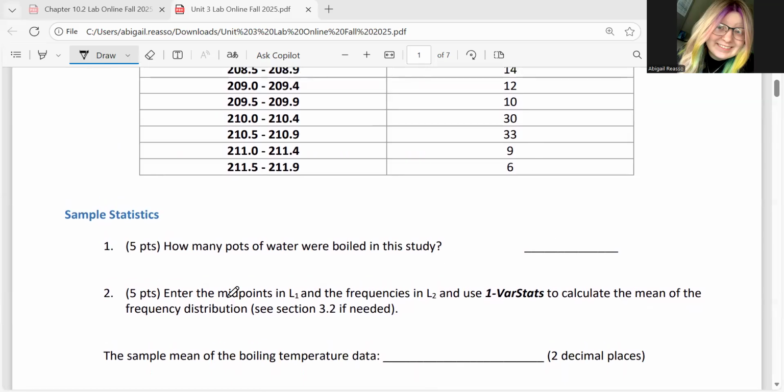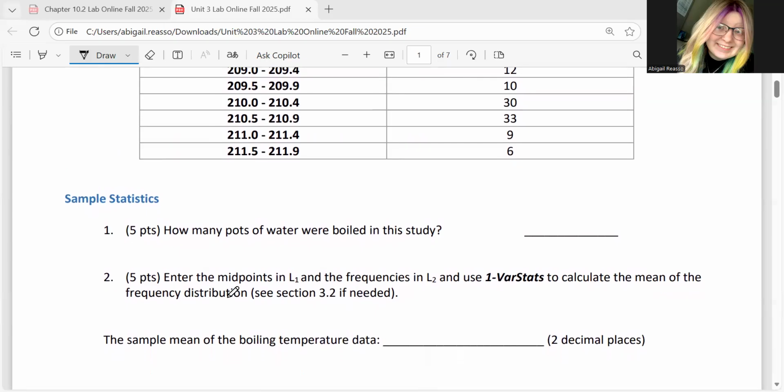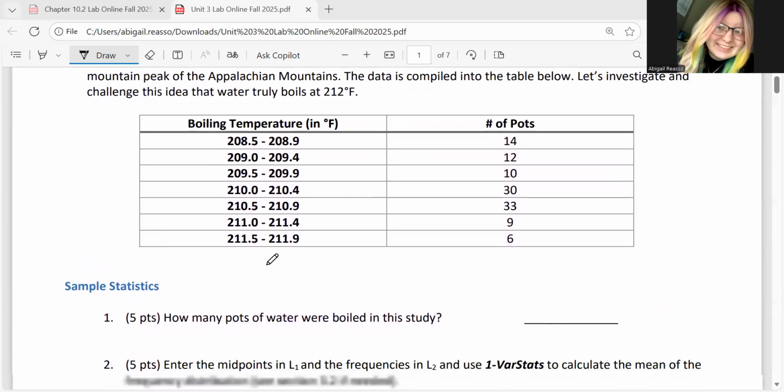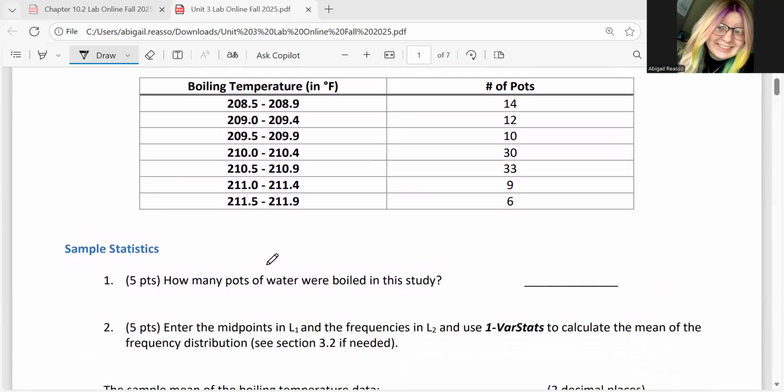And then we want to find our mean. And if we recall, when we have ranges of values, we can find the midpoint of those values and then use our frequencies to help us calculate the mean, right? You can go back to 3.2 if you need some extra help with that, but you're going to find your midpoints of all of these boiling temperatures.